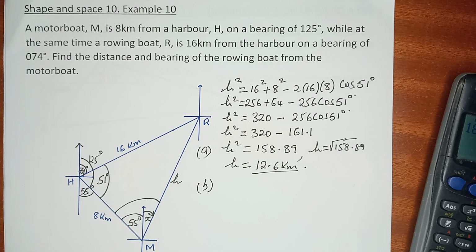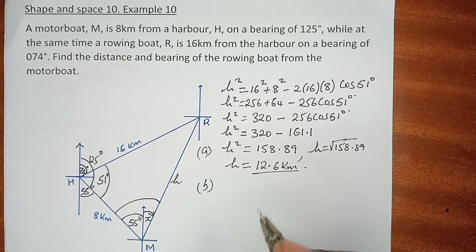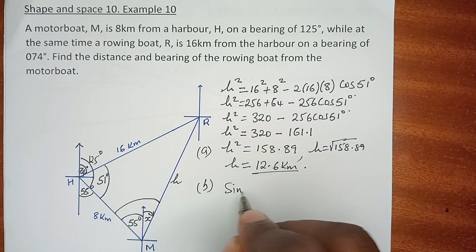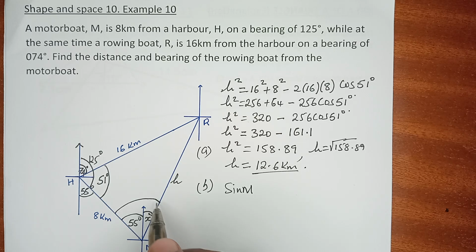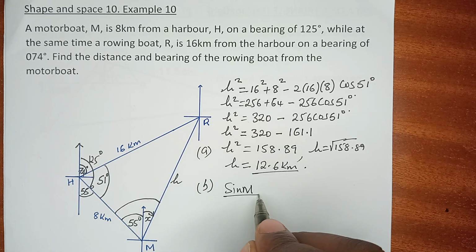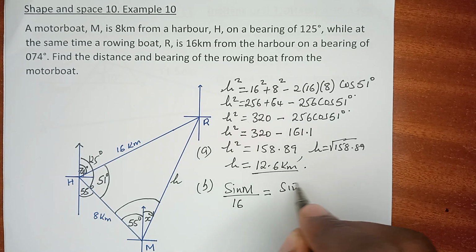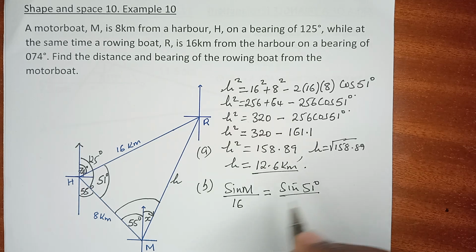It becomes an easier duty because we have 16 kilometers. We can calculate that angle, and now we have h and the angle opposite, so we can easily use the sine rule. The sine of the whole of angle m over 16 is equal to the sine of 51 degrees over h, which is 12.6 kilometers.